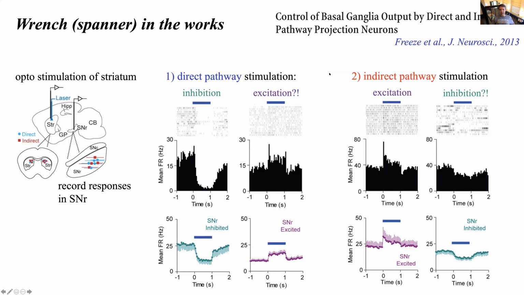So we expect excitation. We see that in some of the rasters, but they also recorded plenty of cells where the indirect pathway stimulation caused inhibition down at the SNR. And you can see that in the far right here.